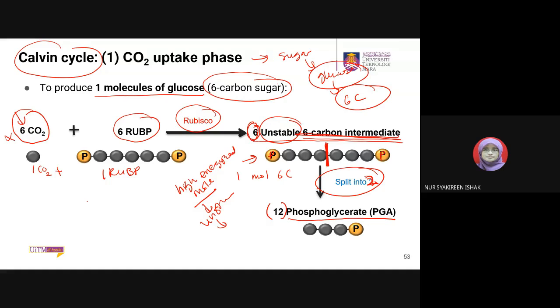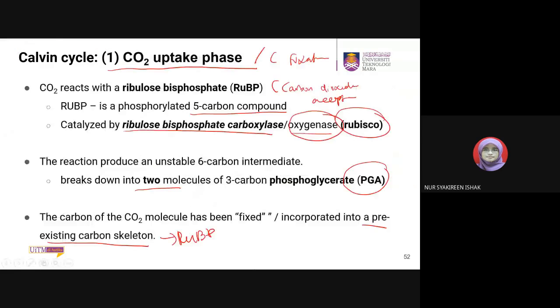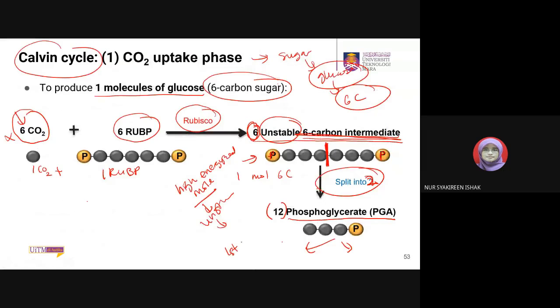So you produce 12 molecules of phosphoglycerate, which is PGA. So this is the first product of carbon fixation, which is a 3-carbon compound. Sebab tu kita namakan sebagai C3 pathway. The first product of carbon fixation is a 3-carbon compound, which is PGA.